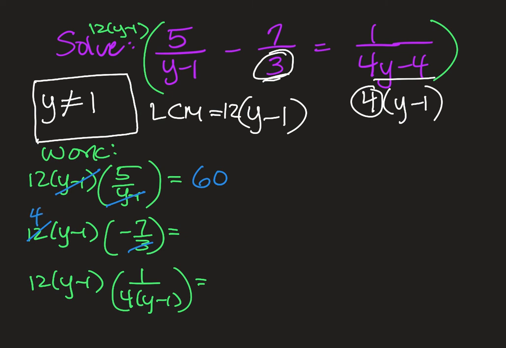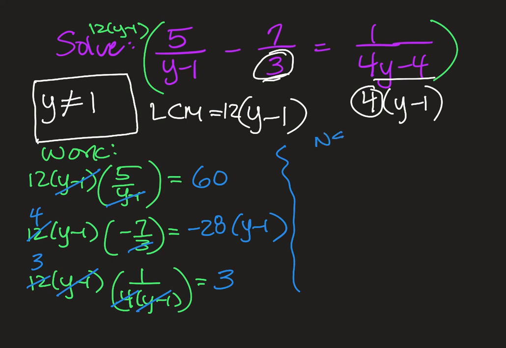So let's see what I have left here. I'm going to multiply the 4 and the negative 7 to get negative 28 times y minus 1. And I'll distribute it in my next step. And then the last one, okay, so the y minus 1s cancel, and the 4 and the 12 cancel to a whole 3. So in that case, all I have left is 3 times 1, which is 3.